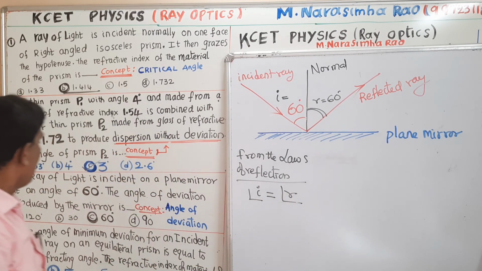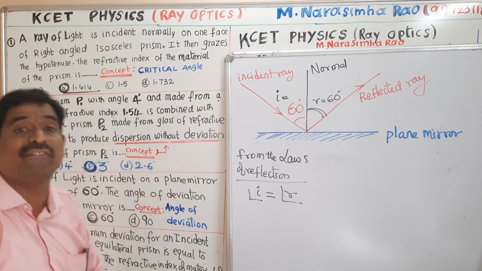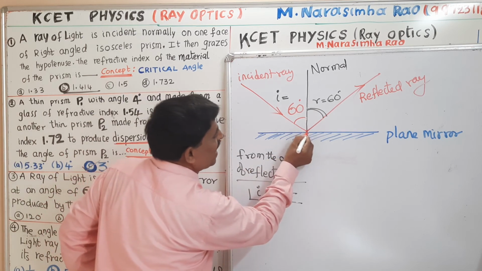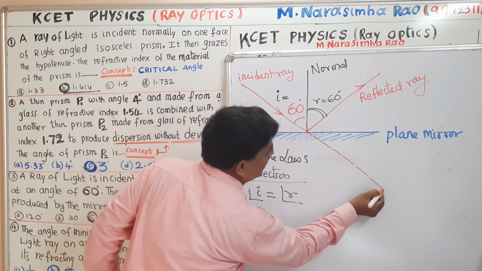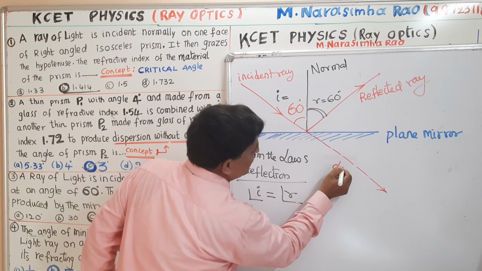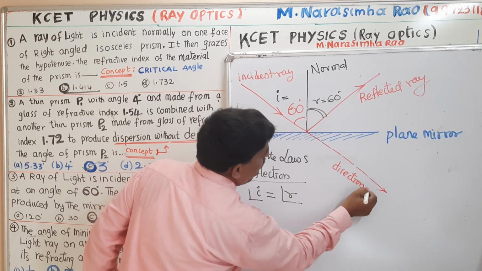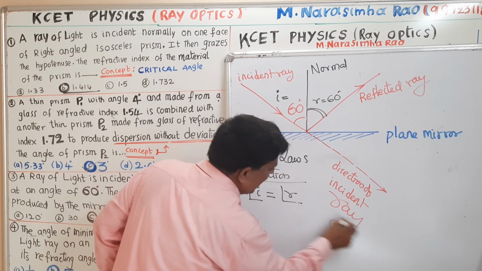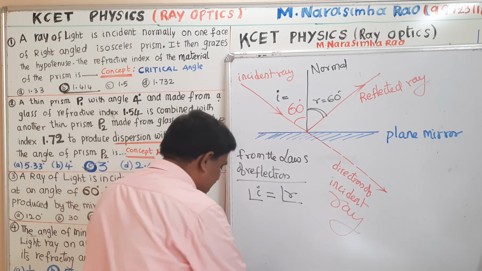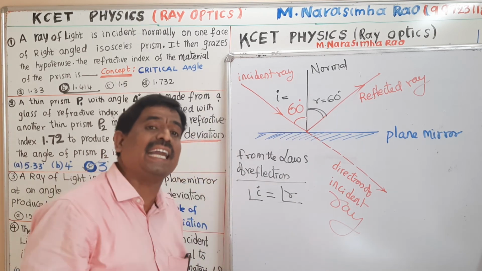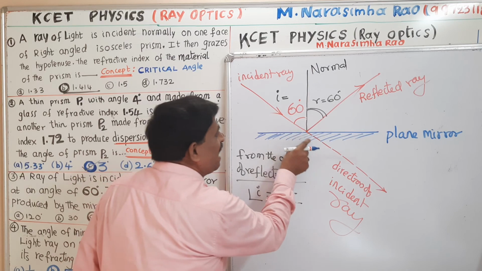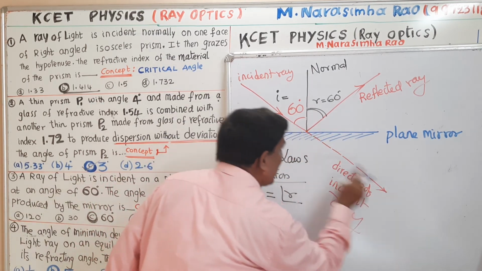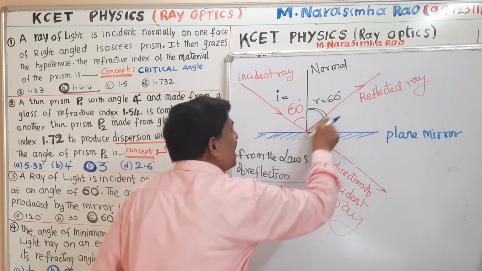They are asking, what is the angle of deviation? Now please listen. This is the direction of the incident light ray. Angle of deviation means the angle made by the direction of the incident light ray with the reflected light ray.